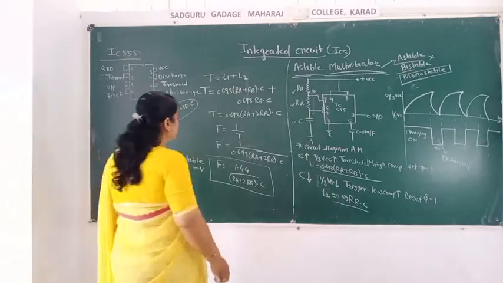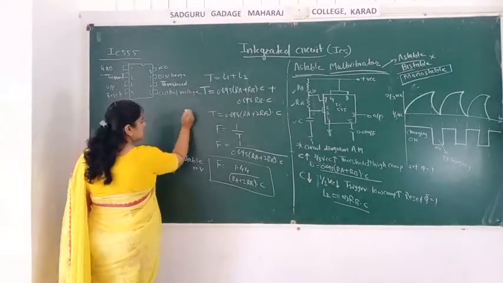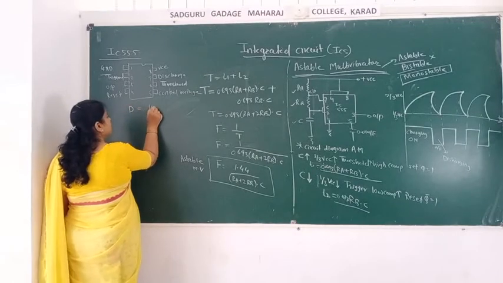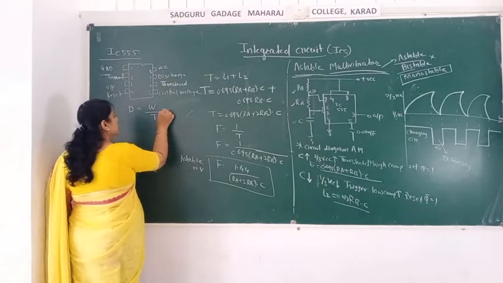Duty cycle is indicated by D, which is equal to width upon time T into 100.